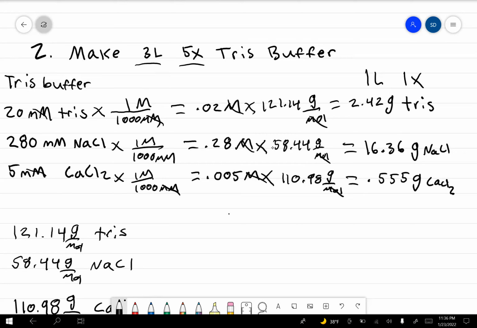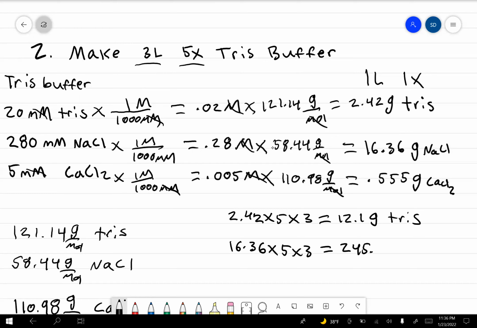So starting with Tris, 2.42 times 5 for the concentration, also times 3 for the liters, you get 12.1. Take the 16.36 grams of NaCl times the 5 times 3, you get 245 grams.